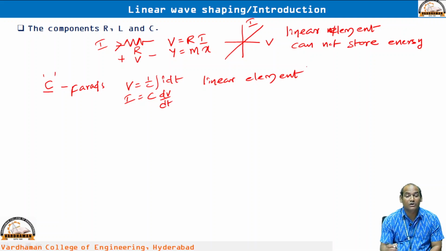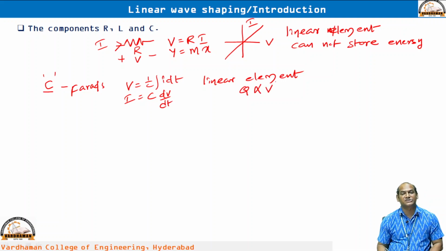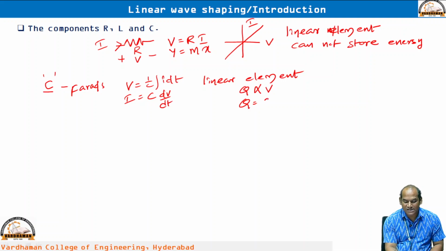Why? How to tell that? We said that the resistor is linear because the voltage and current relationship is linear, and the capacitor is also a linear element because the charge accumulation on the plates of the capacitor is proportional to the voltage applied across it. Taking this proportionality, you need to put one constant, which is the capacitance of the capacitor.